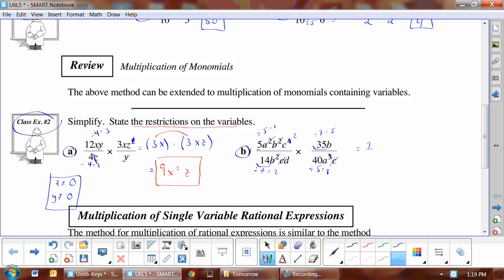We have 1 c squared over 2d multiplied by 5b, that's a 1. Look at how I make my 2's.